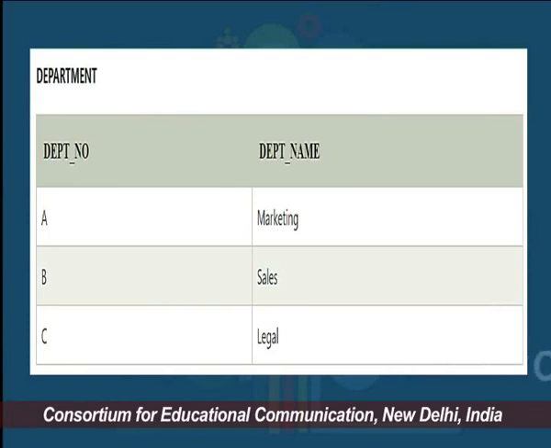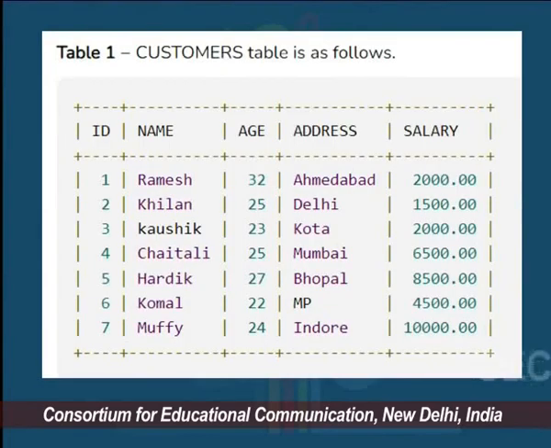Then we take the second row from employee and write it with A marketing, B sales, and C legal, and similar treatment is given to the third row as well. Now let us take one more example of this.